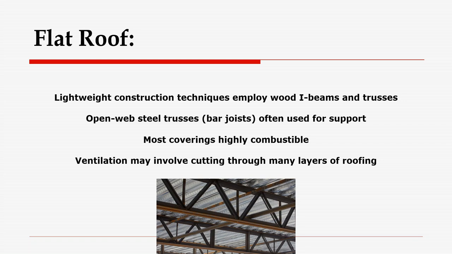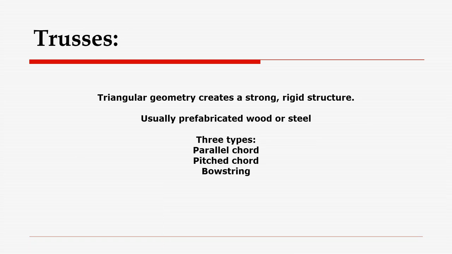Ventilation may involve cutting through many layers of roofing, like we already talked about. But notice that in this picture down here that these are non-fire-proofed, which again, if one of our priorities is not to get in there and quickly cool that area under that roof, those bar joists, then those can easily heat up and cause expansion and cause failure of that system.